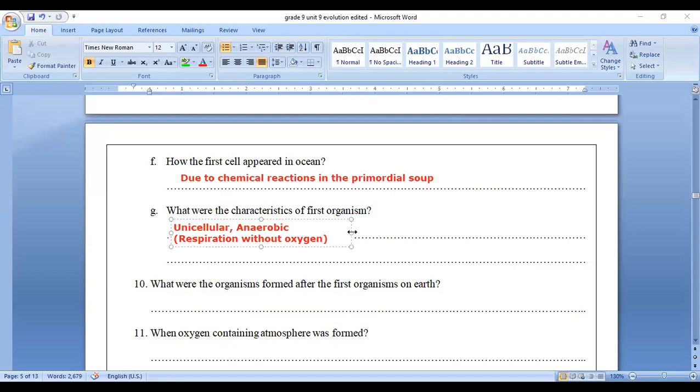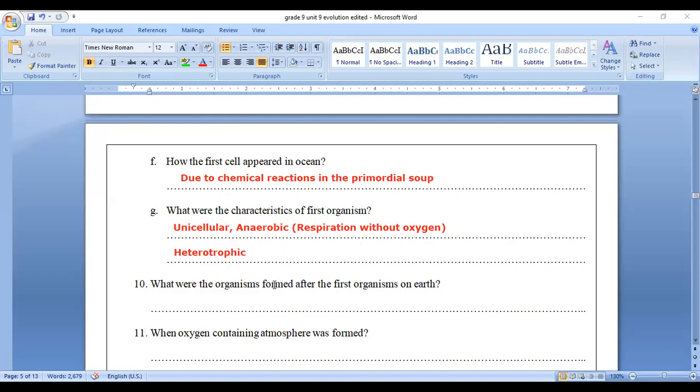Third quality, heterotrophic. Heterotrophic is a familiar word to you. From grade 6 onwards, you study the word heterotrophic. Unicellular is also a familiar word to you.